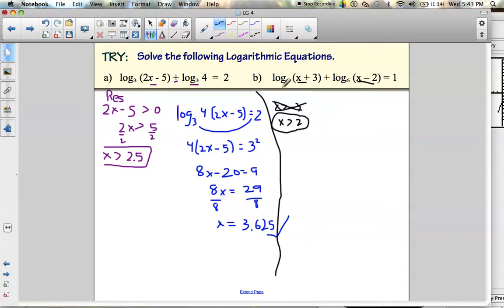All right, so let's single log this. Goes a plus sign between these two. So we are going to multiply. So we got log base 6.